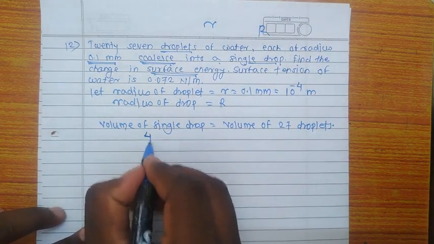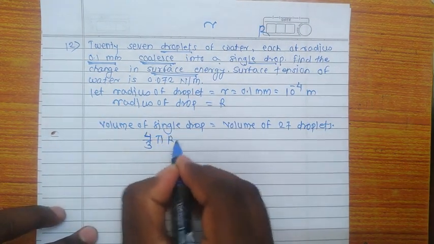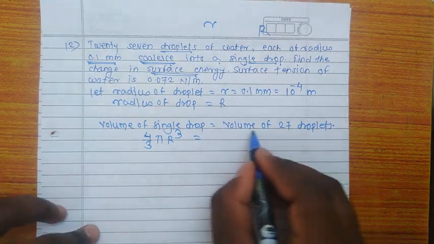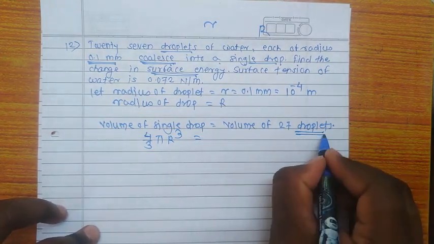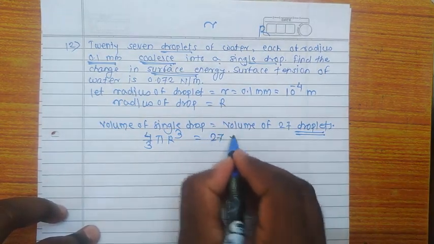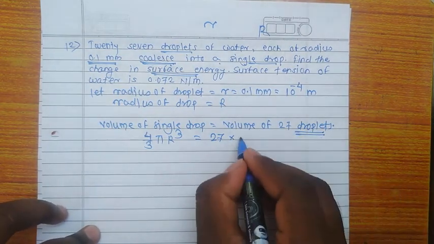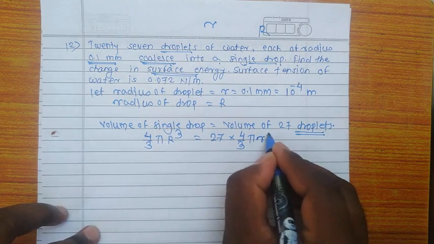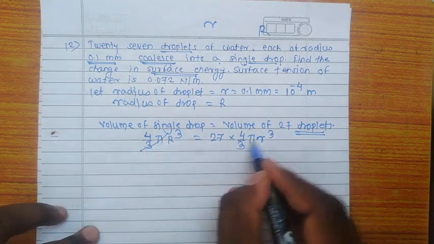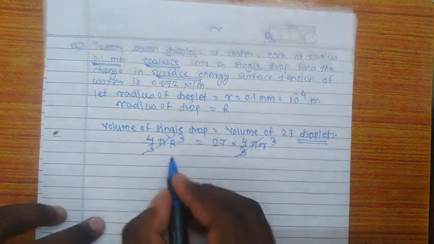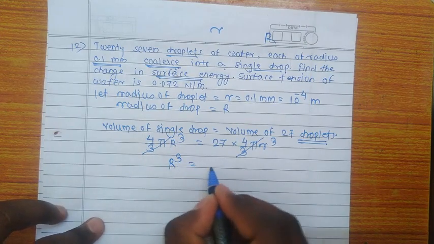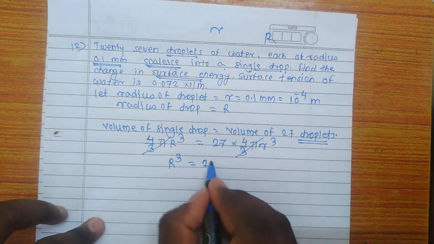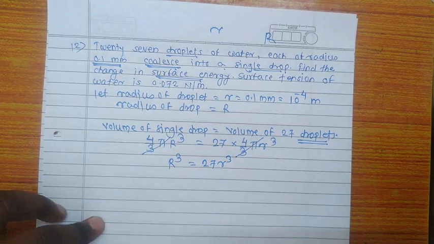It is 4/3 pi R cube, which will be equal to 27 droplets, so 27 multiplied by the volume of each droplet, which is 4/3 pi small r cube. So 4/3 pi will cancel. So we get here capital R cube is equal to 27 r raised to 3.